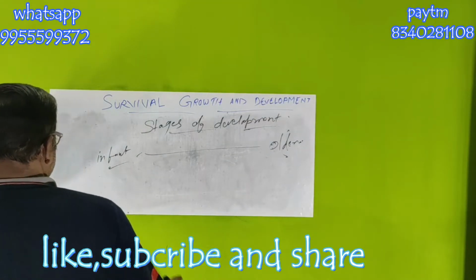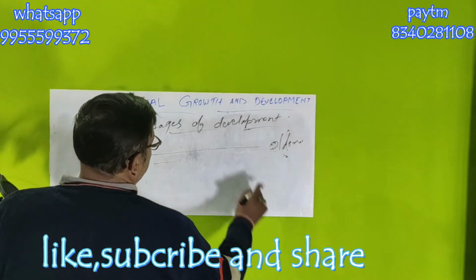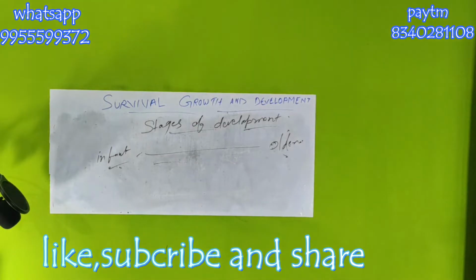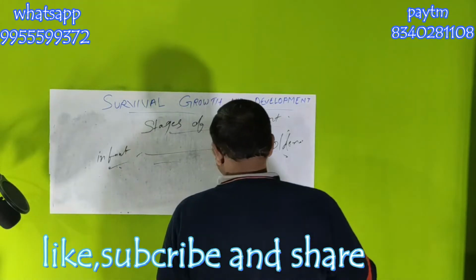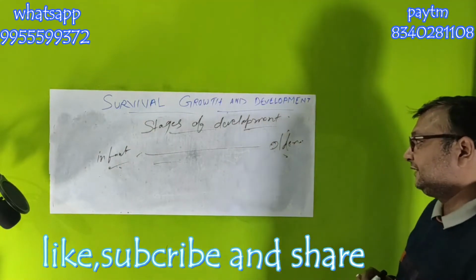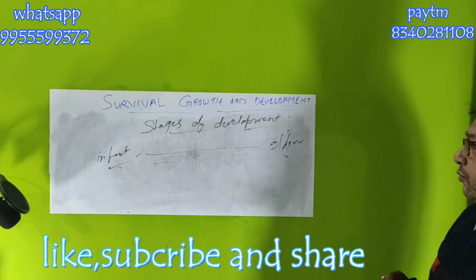And this helps to assess the growth, and the development helps to assess their abilities. One says that the child's abilities can be seen and looked after when he is going to school and colleges.